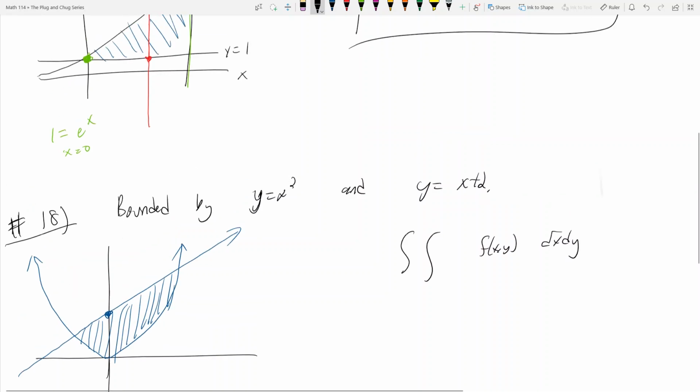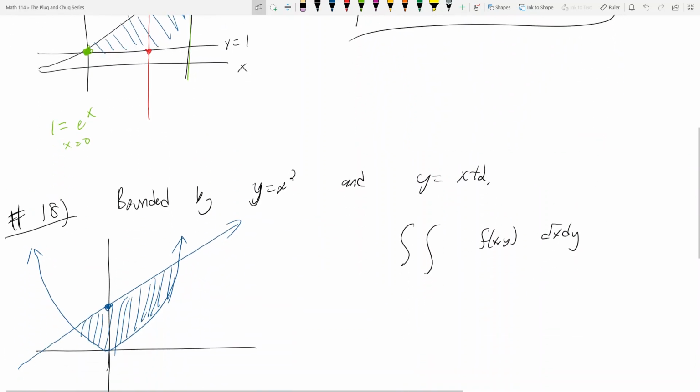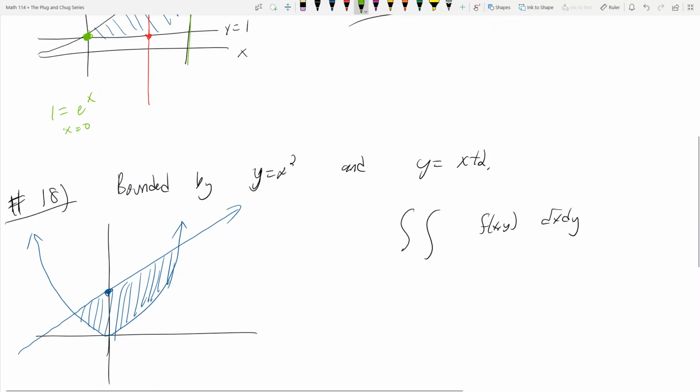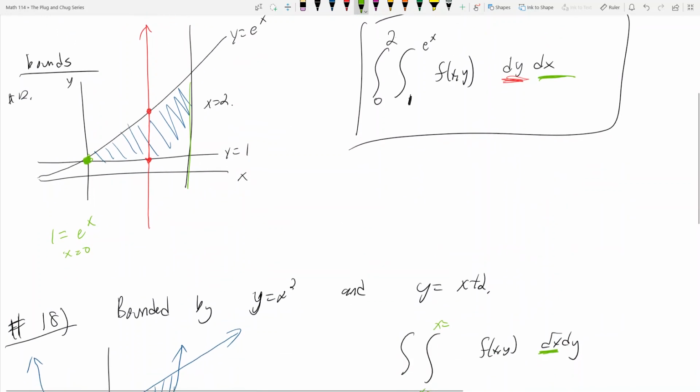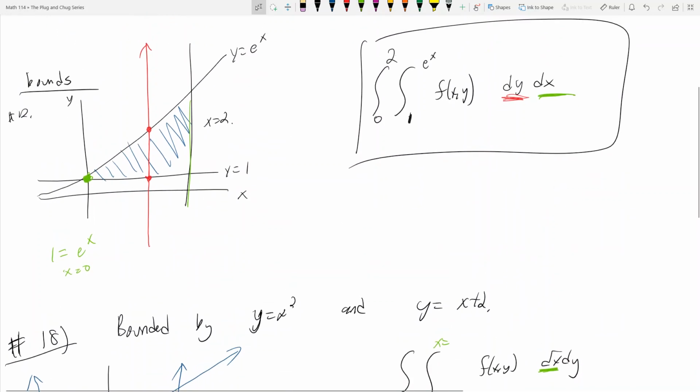Remember how we set the bounds up here? You look at the interior integral. It's dx. So now I've got x equals, and x equals. What do I do? I draw a line through my region, which in number 12 was parallel to the y-axis because dy was my inside.